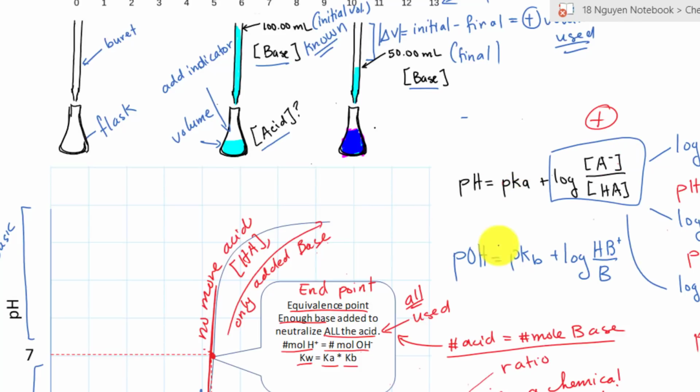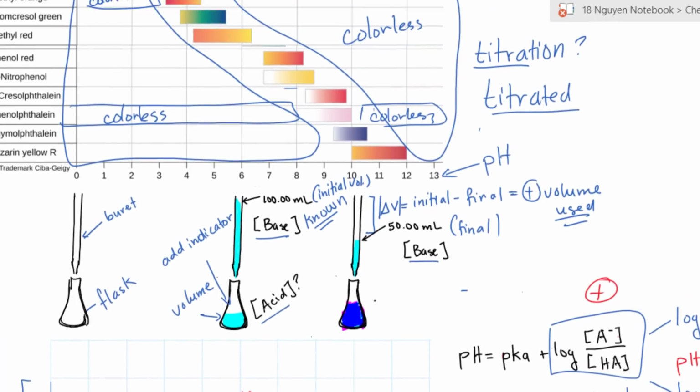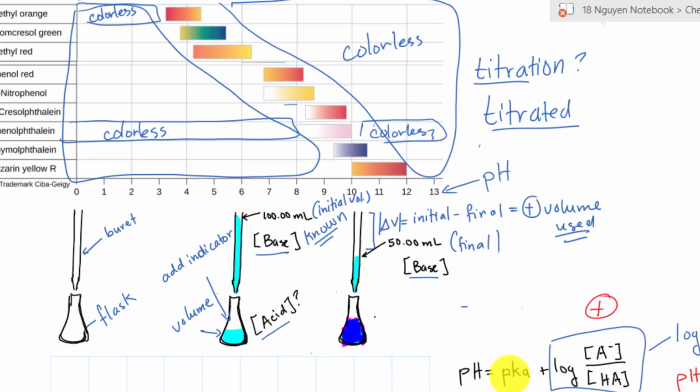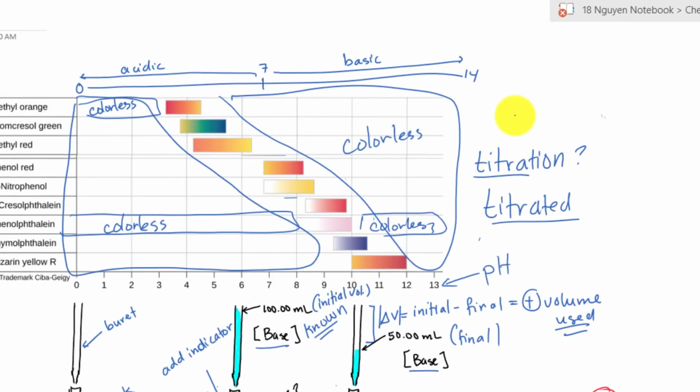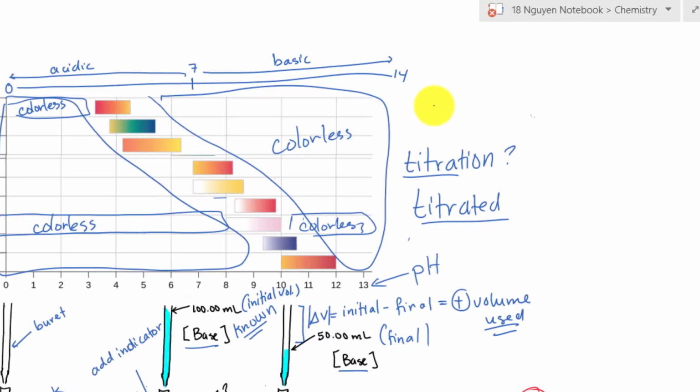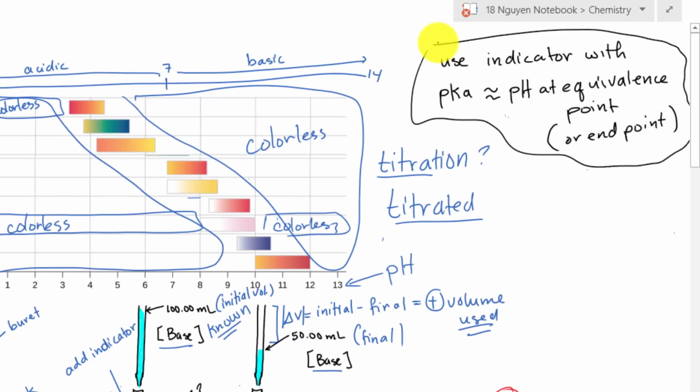So we are going to look for the indicator with a pKa about the same as the pH at the equivalent point. So we are going to use an indicator with a pKa about the same as the pH at the equivalent point. And that's the last piece of the puzzle.